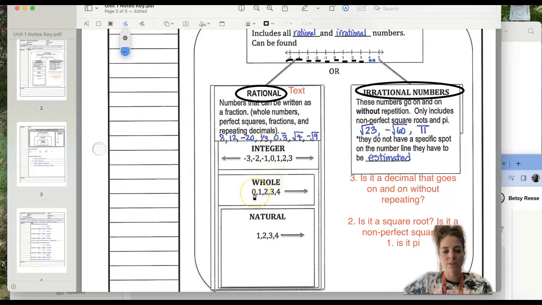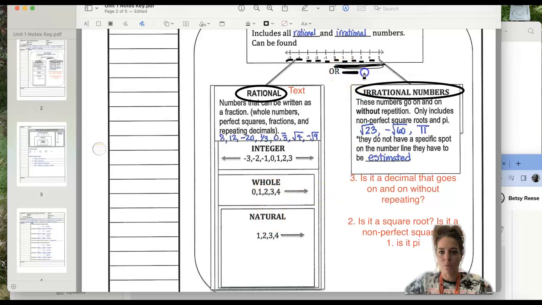Whole numbers start with 0 and continue to the right of our number line. So this section over here now are our whole numbers. So whole numbers are only positive and 0. Okay? And then beyond a whole number, now we're looking at natural numbers.